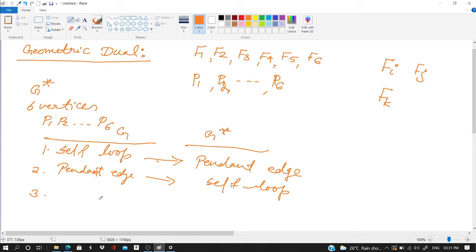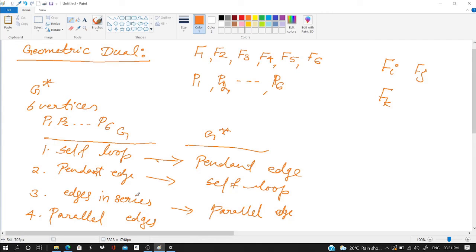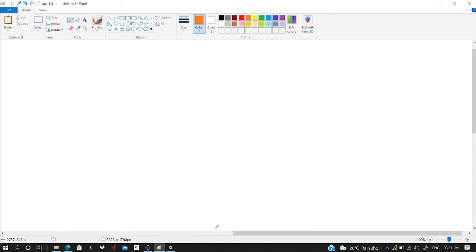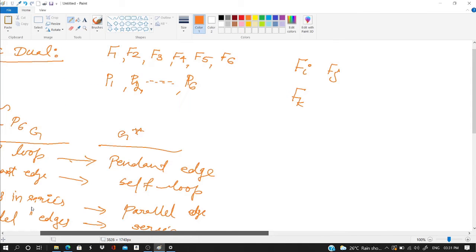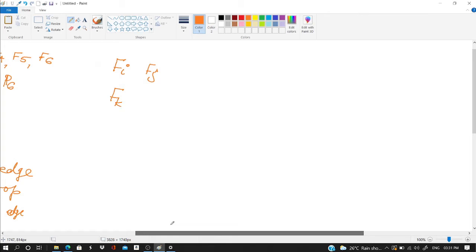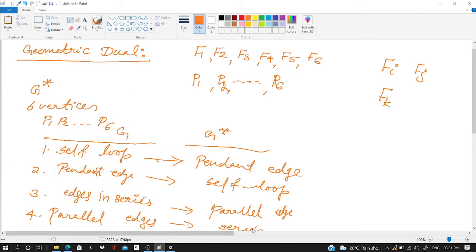Edges that are in series become parallel edges in G star, and parallel edges in G become series edges in G star.